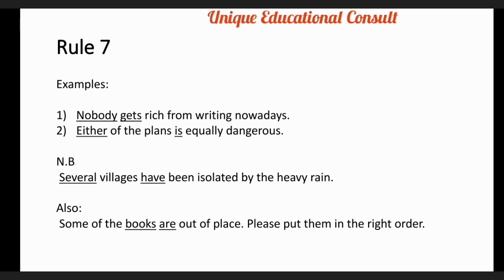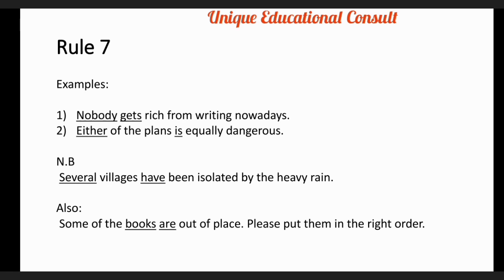Number 7 states that the verb is singular if the subject is a singular indefinite pronoun. These pronouns are each, either, neither, one, no one, everyone, someone, anyone, and some other indefinite pronouns. So when we have this, then the verb will be singular. I hope this is clear.